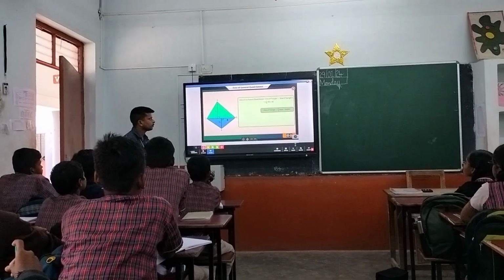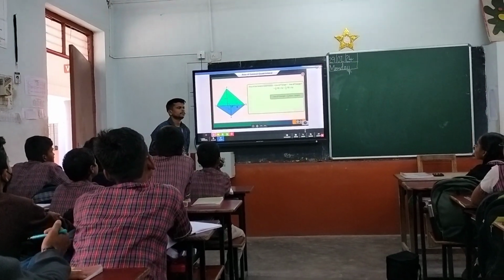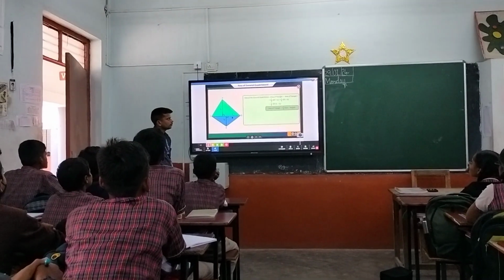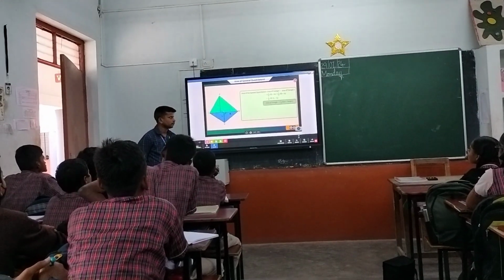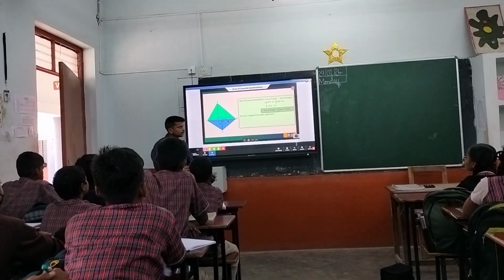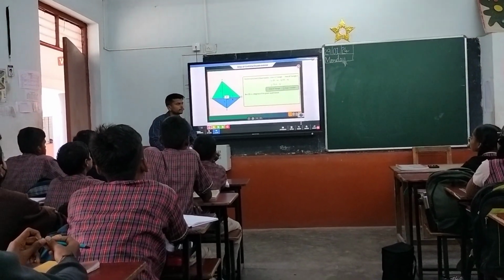Similarly, area of triangle 2 is equal to half base QS times height H2. Adding the areas of triangle 1 and triangle 2 will give us the area of the quadrilateral. Since QS represents the diagonal of the given quadrilateral, we replace QS with D.